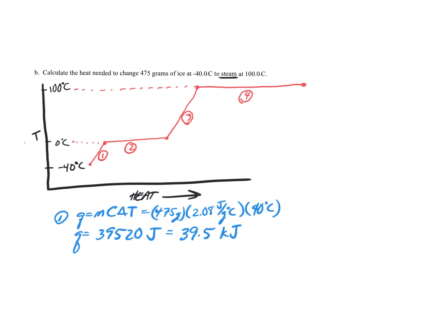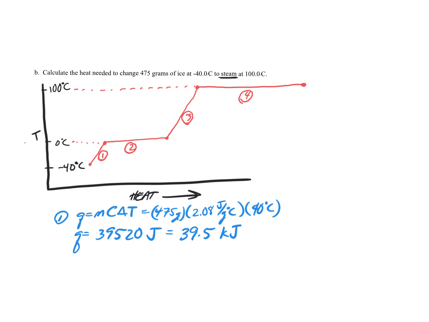All right, so the first step, Q equals mcΔT. We have a change in temperature, so we can use Q equals mcΔT. The mass of the water, the ice, is 475 grams. The specific heat of ice, focus on that. That is not the 4.184 that we've been using for water.